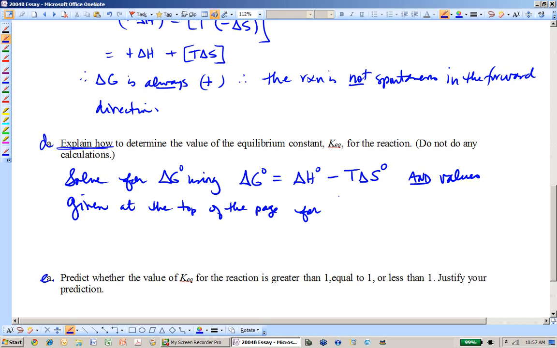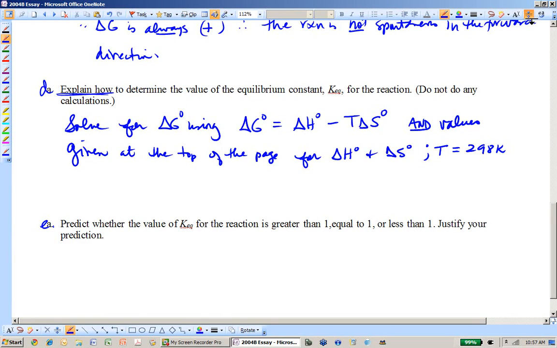Or you could just say given. You don't have to do that at the top of the page part. Delta H naught and delta S naught. You know that T equals 298 Kelvin.